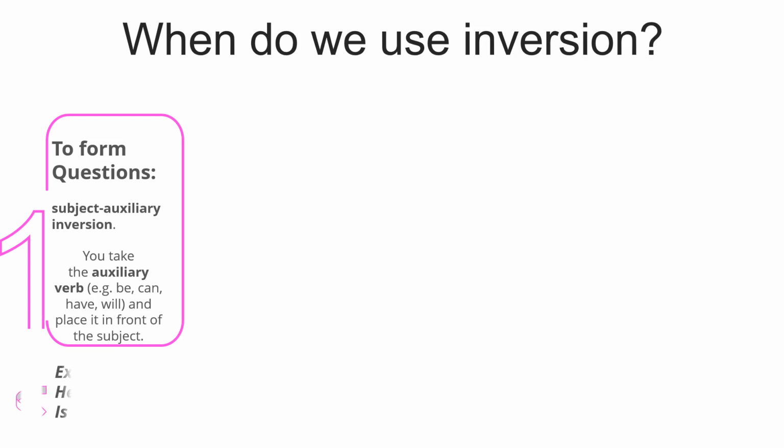So for example, if we have a simple example like he is happy and we want to use inversion to turn it into a question, we place the auxiliary verb, in this case it is the word is, followed by the subject, that is he. So the sentence becomes, is he happy?